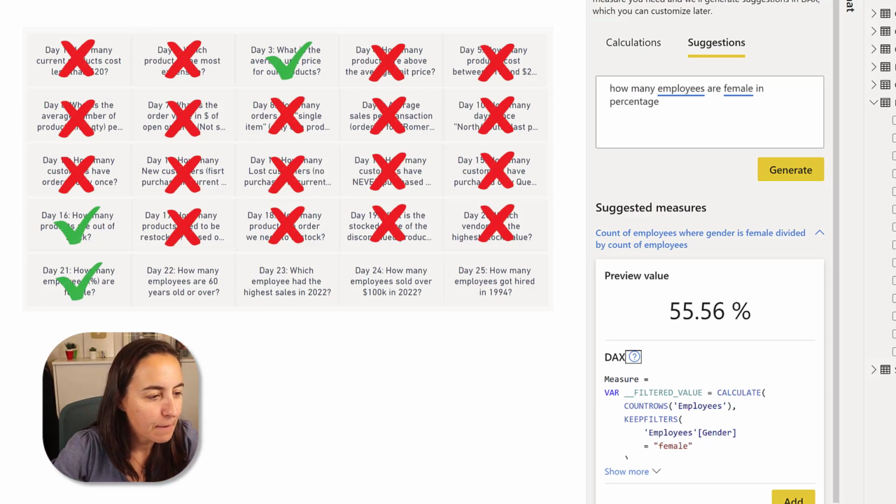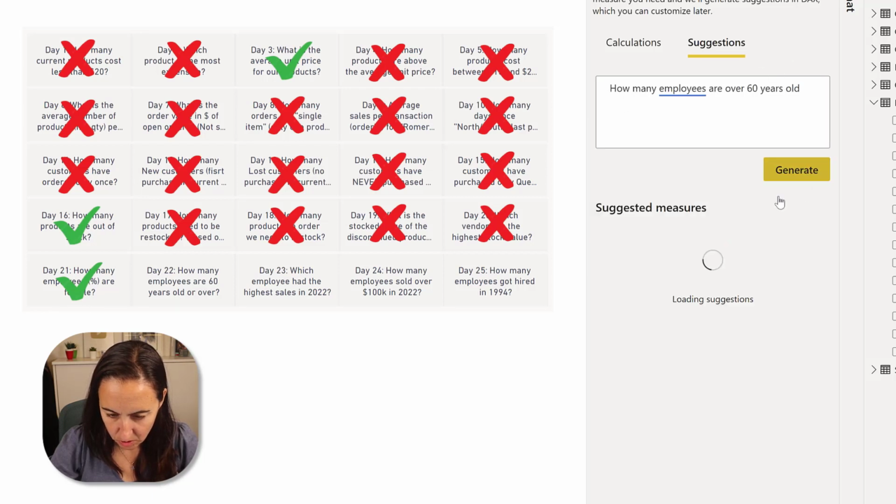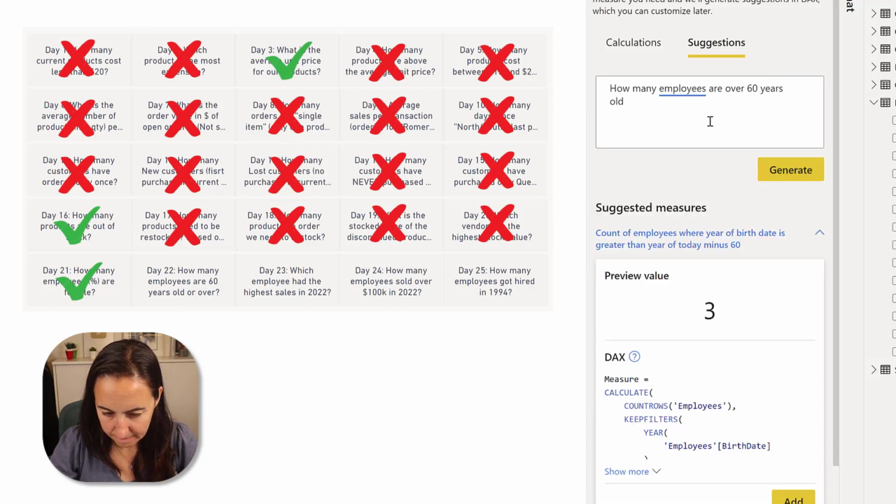So, how many employees are over 60 years old? That should get 2. Let's see, it says 3.